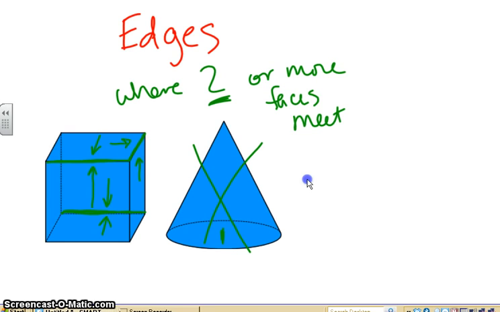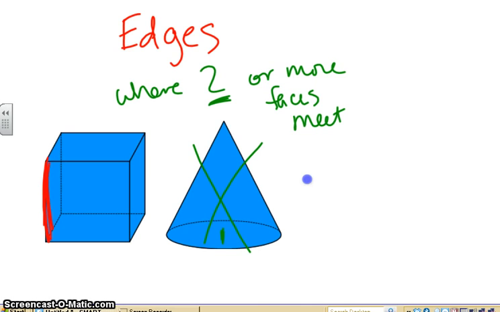Now when we're counting the edges on an exam or on a paper, it's really easy to make mistakes. Edges are the most missed questions that we have dealing with 3D shapes because people accidentally miss 1 or 2. So the strategy I take is, if it's asking me for edges, I'm going to get my pencil and go very dark over every single edge to make sure I get them all.